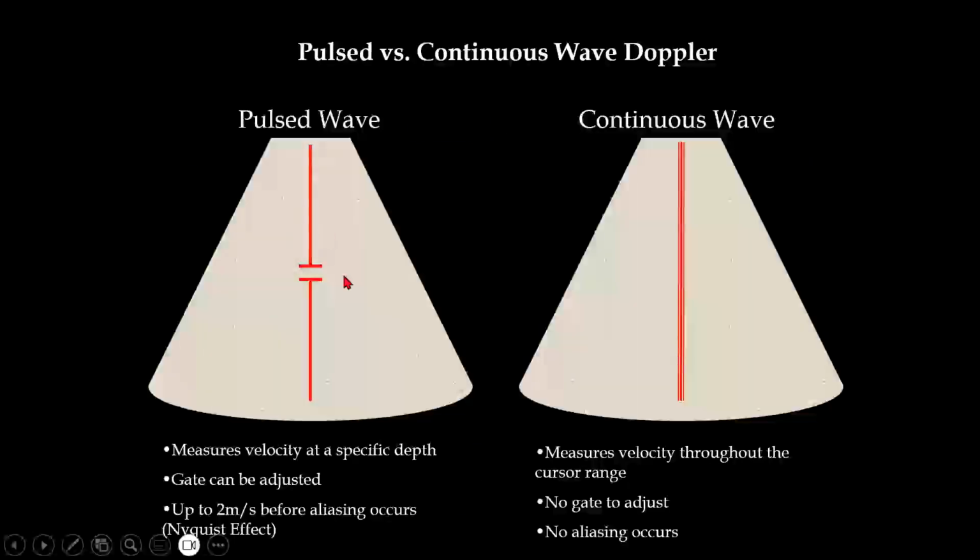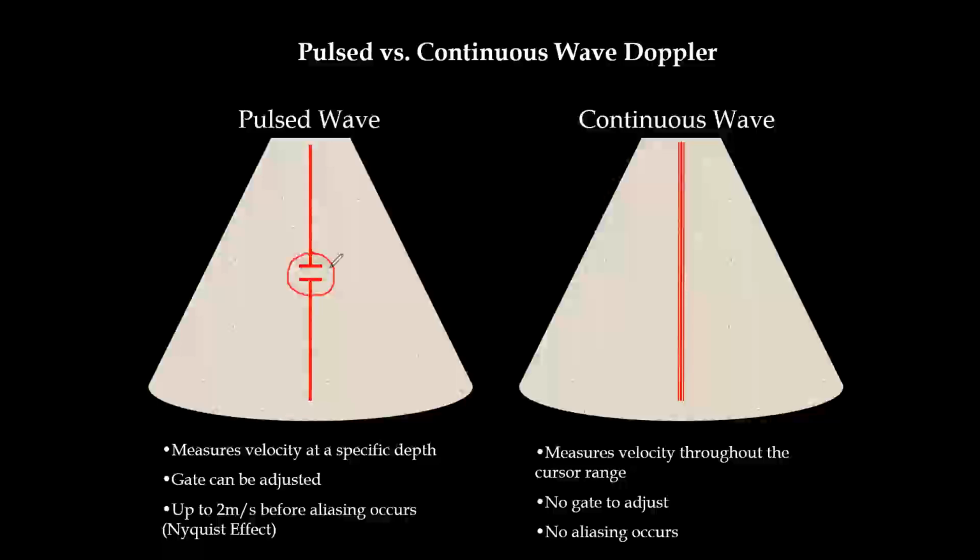In pulse wave Doppler, you can identify the particular region in which you do the measurement of the RBCs. You will be able to measure the velocity of the RBCs within this range gate only, and it ignores RBCs above or below it.